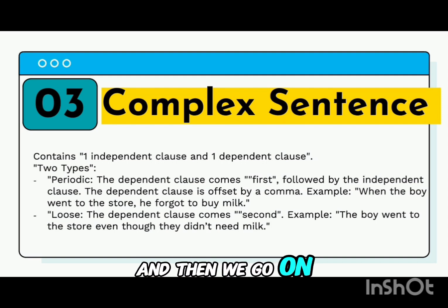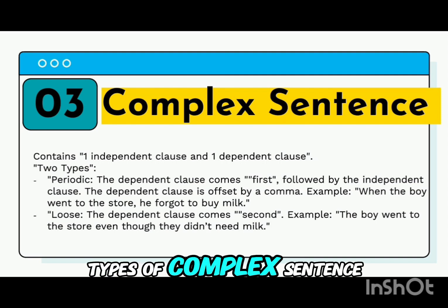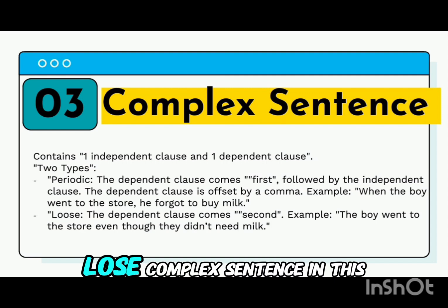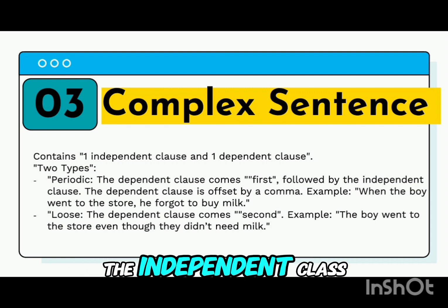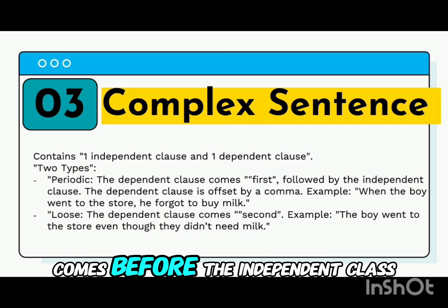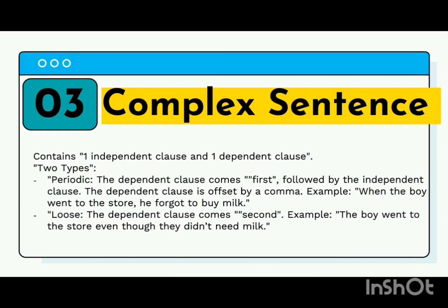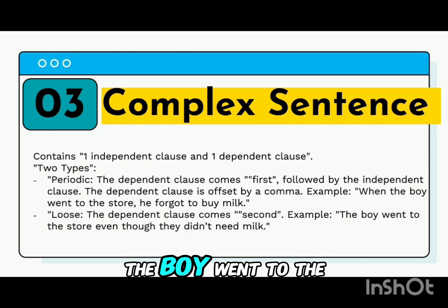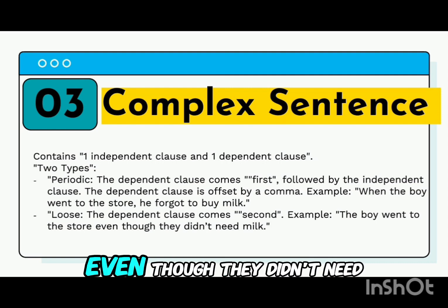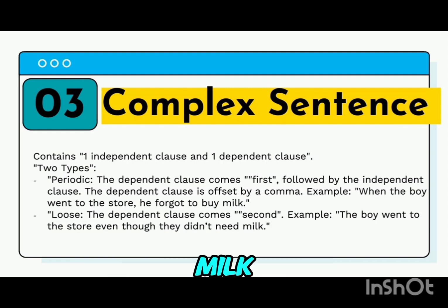And then we go on to the second type of complex sentence, the loose complex sentence. In this structure, the independent clause comes before the dependent clause. So for example, the boy went to the store even though they didn't need milk.